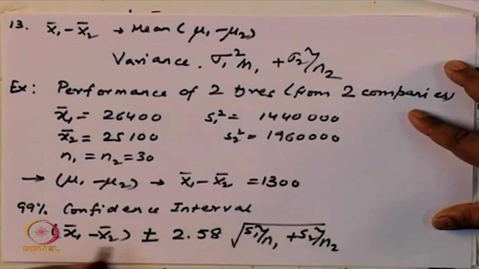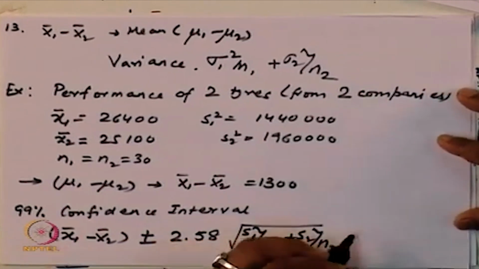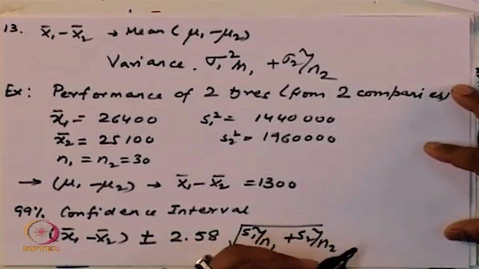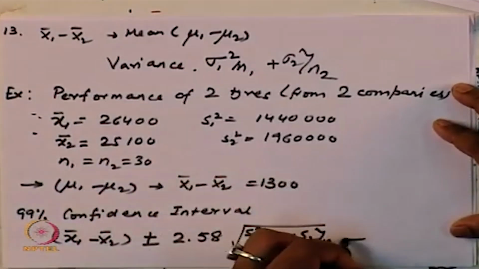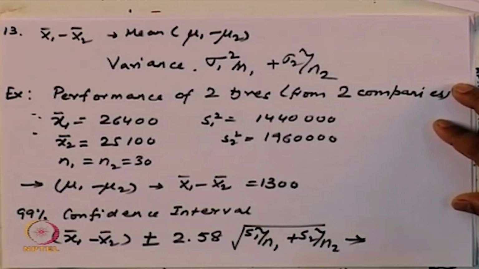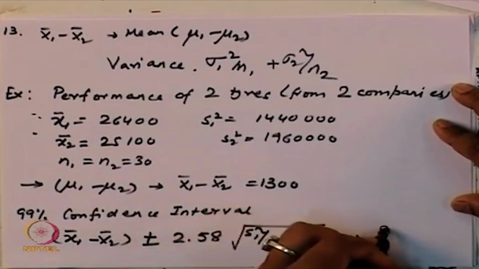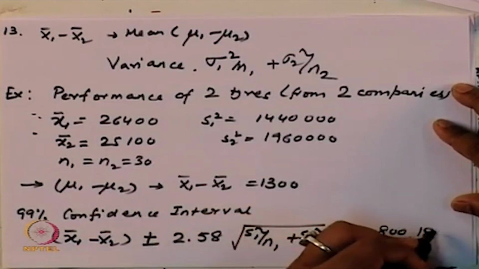If you plug in the values and you see this is always positive, then this would mean that the tire from company 1 is going to be better than the tire from company 2. I do not know the exact value for this. Let us say it comes out to be between 800 and 1800.